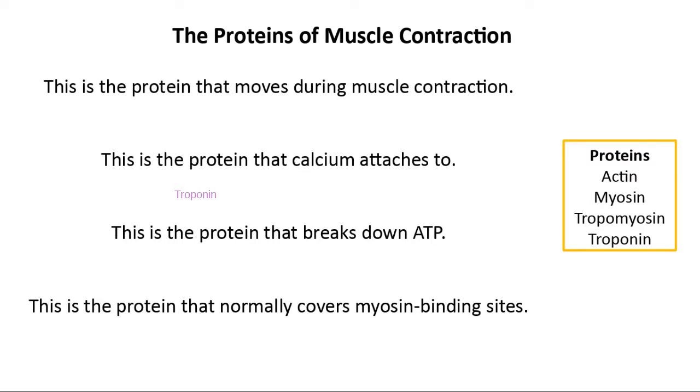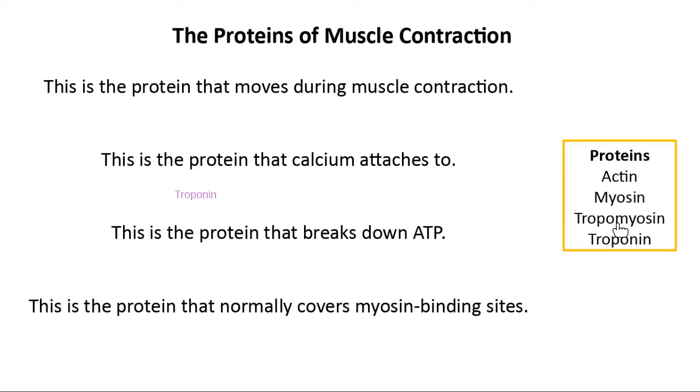Remember that we said troponin was our pushpin protein. It's our protein that holds somebody else in place. Who does troponin hold in place? Which protein is troponin helping out with? Yeah, so it's helping with that big long one called tropomyosin.